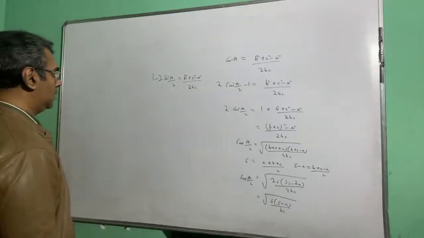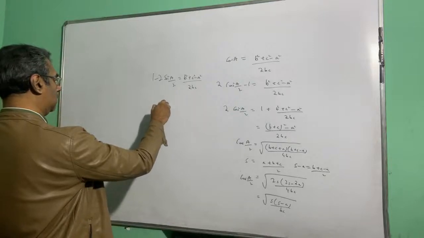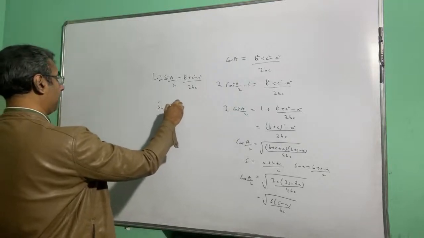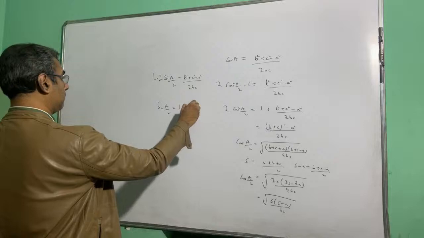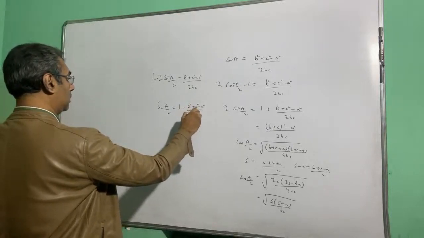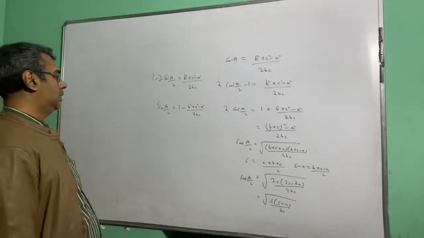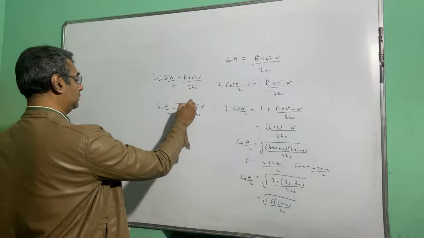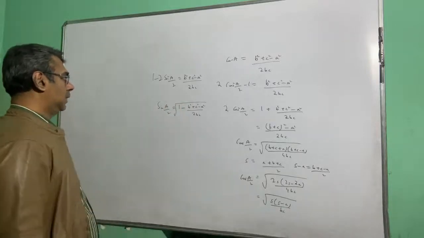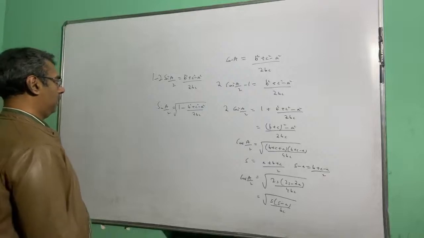Similarly, 1 minus 2 sin square A/2 is (b square plus c square minus a square) by 2bc. So sin A/2, 1 minus (b square plus c square minus a square) by 2bc.